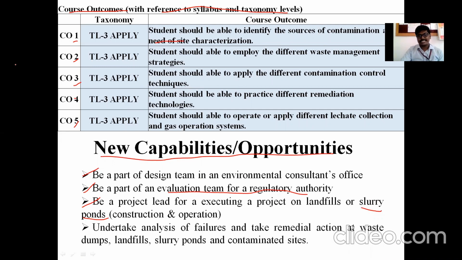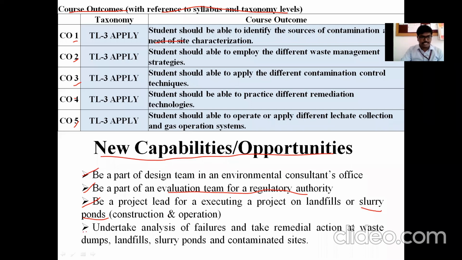That slurry may just be thrown out, or put on any empty areas, and because of that some big depositions are taking place. So for the slurry ponds and landfills, their construction and operation projects, this course will be helpful.